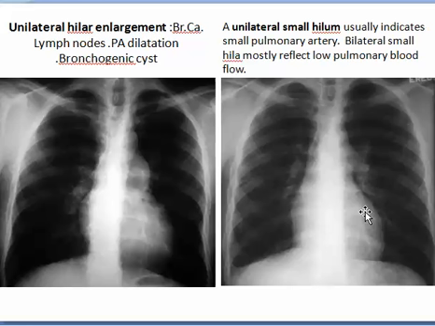But a unilateral small hilum indicates usually a hypoplastic small pulmonary artery, and if bilateral small, this indicates low pulmonary blood flow.